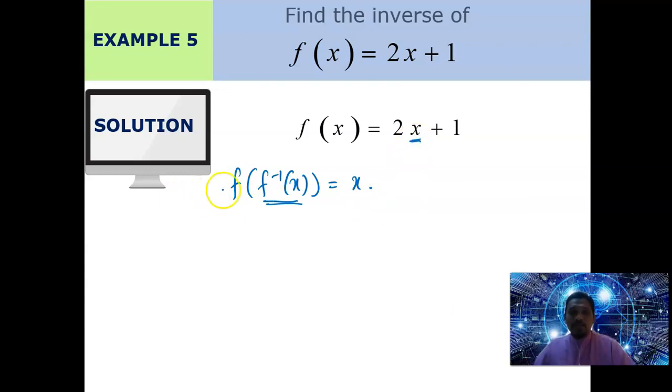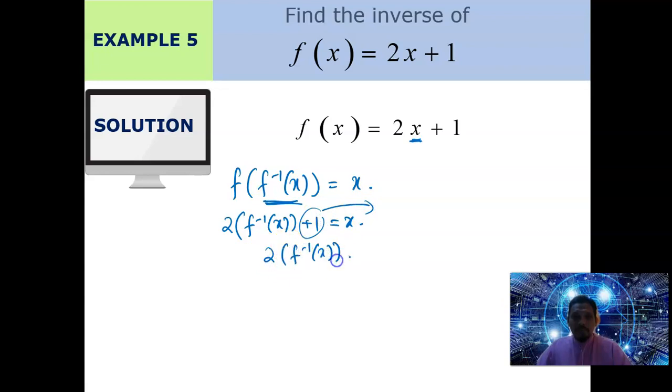Again, a composite function, the process of composite function is where we substitute the function inside, which is f inverse, into x of the function f, which means that we come up with now 2 f inverse of x plus 1 equal to x. So now bring this one to the side. 2 f inverse of x equal to x minus 1, and divide by 2 left and right. So then f inverse of x equal to x minus 1 divided by 2.